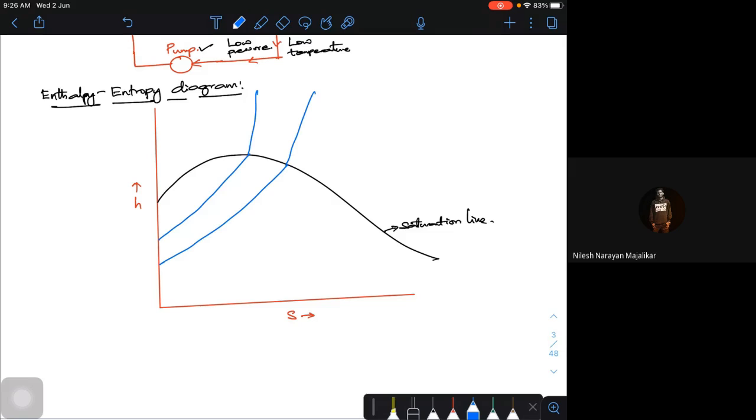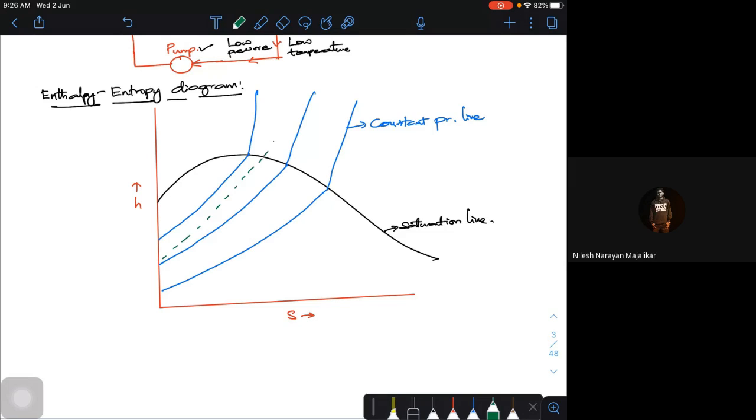So these are your constant pressure lines. And these pressure lines will be like this. Then similarly on the same diagram you will be having constant volume lines like this.